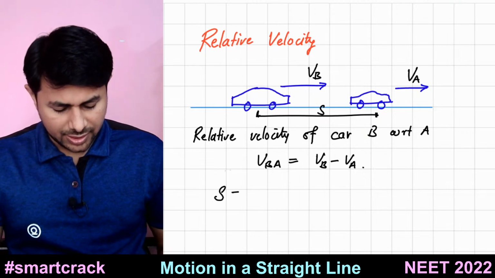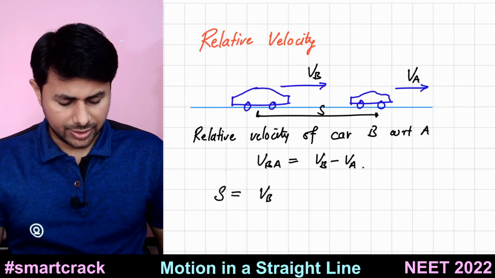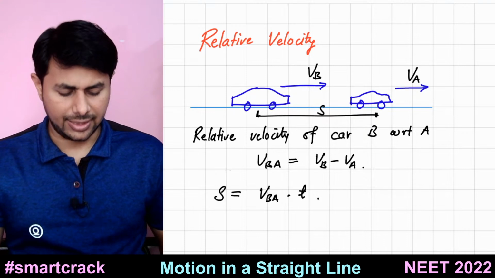The relative distance is equal to the relative velocity multiplied by time.